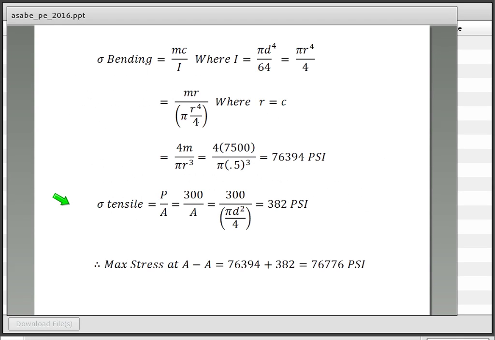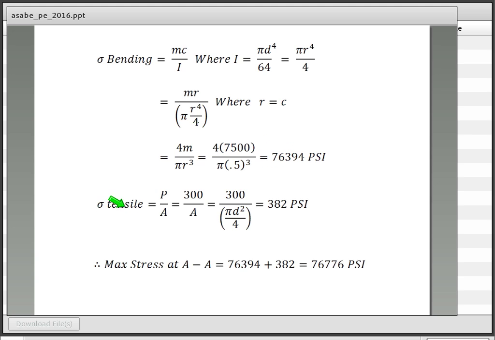And so then, at that point, we can apply our equation for bending stress, MC over I, and calculate our I for this axle. In this case, C, the distance from the neutral axis, is going to be the radius of the axle. This would then allow us to plug in our bending moment and our radius, and we calculate our bending stress.